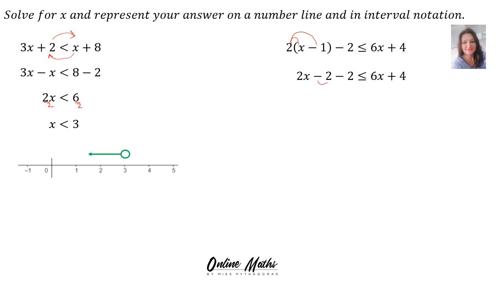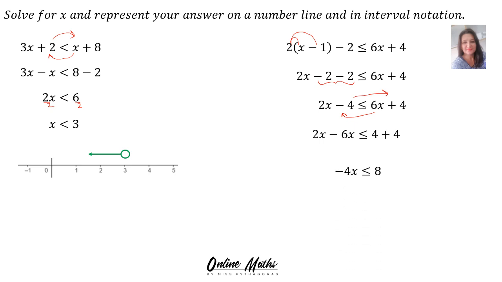Then we add like terms, so 2x and then negative 2 is negative 4. Now we get all the numbers on one side and all the variables on the other side. I prefer my variables on the left hand side, so I will let the 6x walk across. So 2x minus 6x smaller or equal to 4 plus 4.